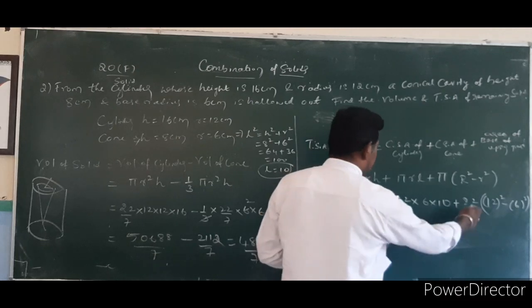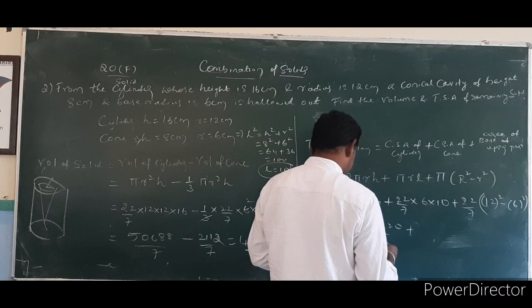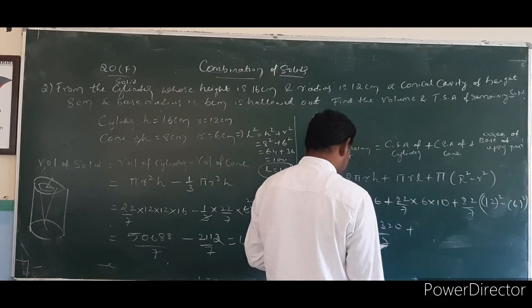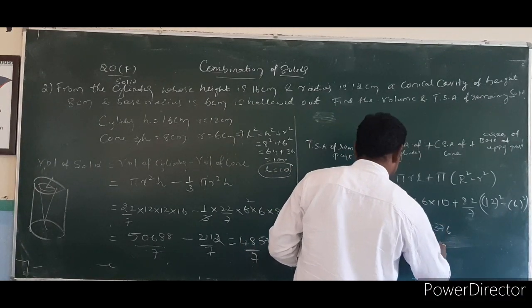So if you simplify this, you will get 2376 by 7.